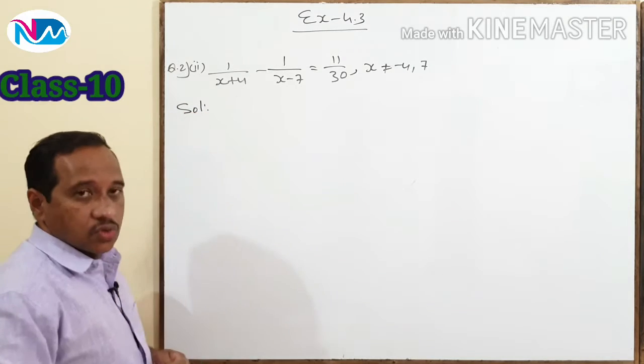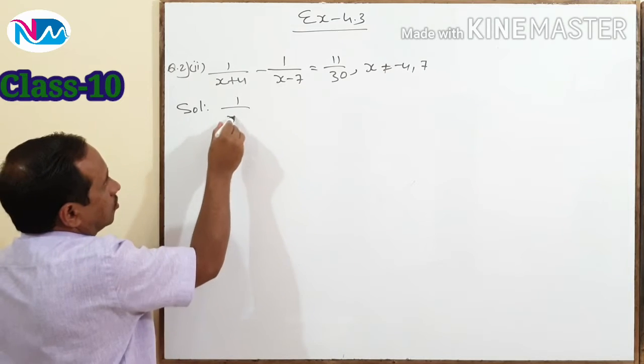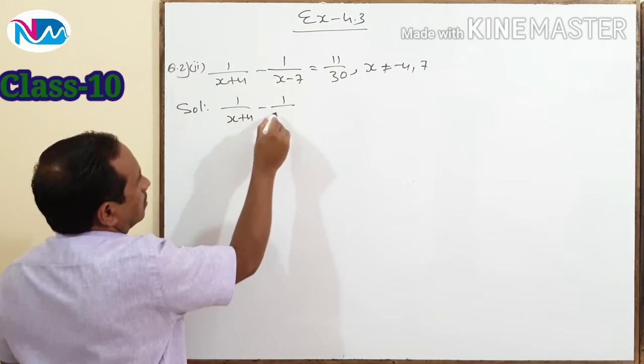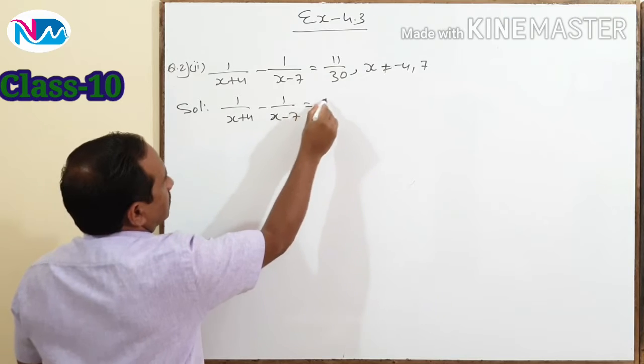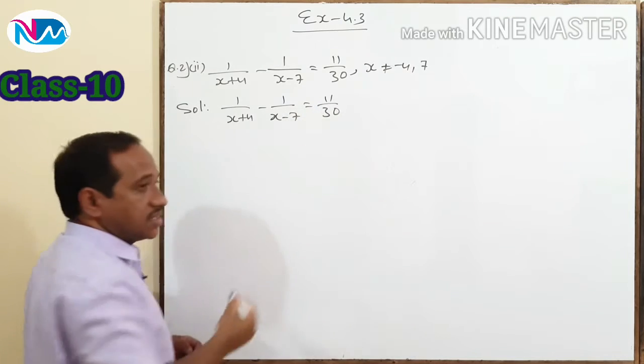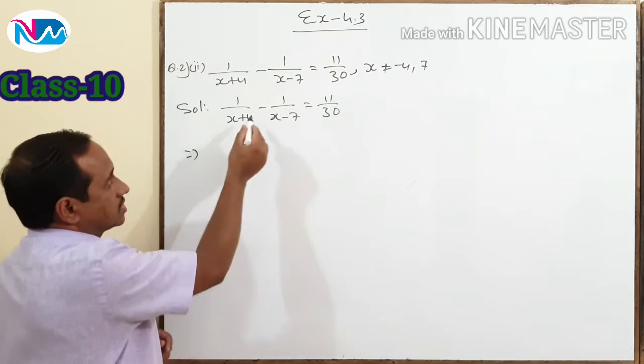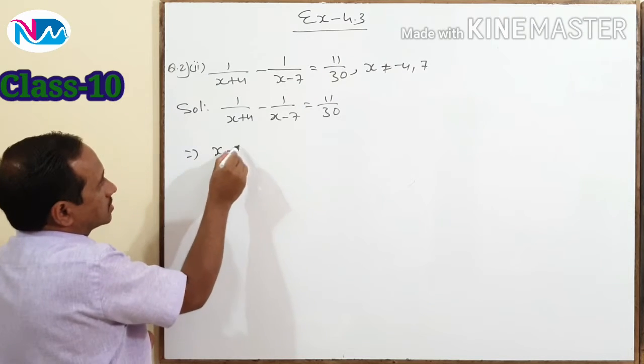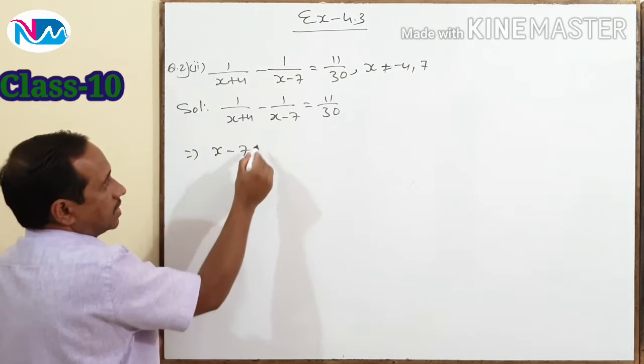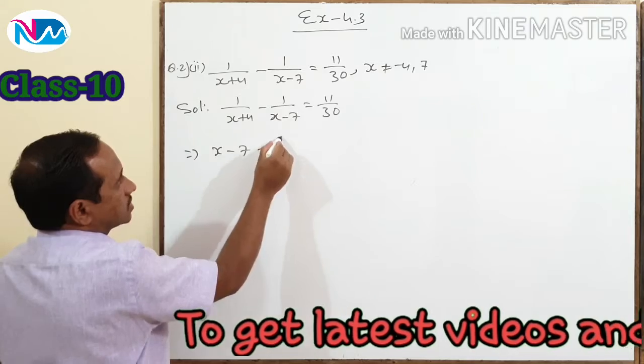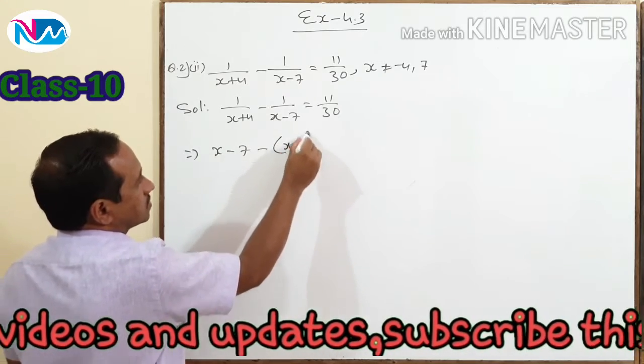So the given equation is 1 by x plus 4 minus 1 by x minus 7 is equal to 11 by 30. Taking the LCM on LHS, we get x minus 7 into 1, minus 1 into x plus 4.